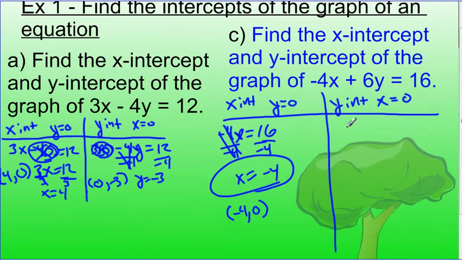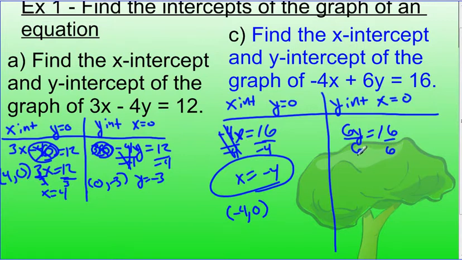The y-intercept happens when x is 0. So if I plug in a 0 for x, now that piece is 0. Negative 4 times 0 is 0, so I'm just not going to write down that piece. I start writing down 6y equals 16. To get rid of a times by 6, we divide by 6.